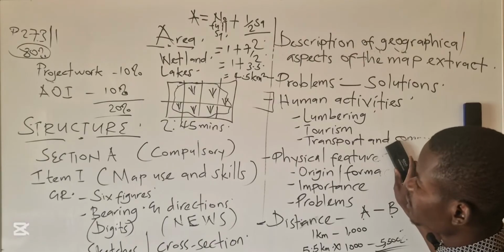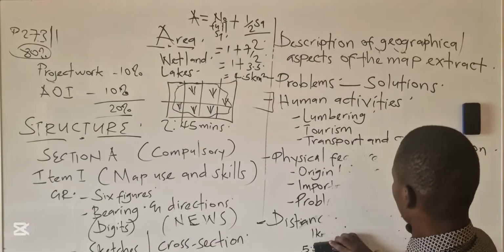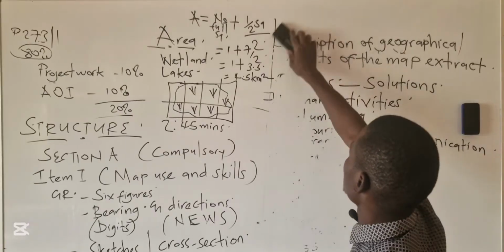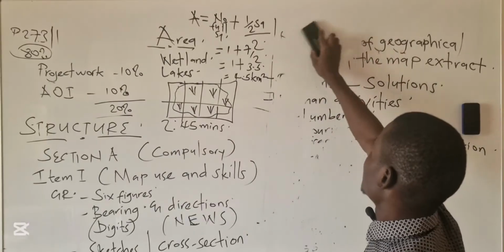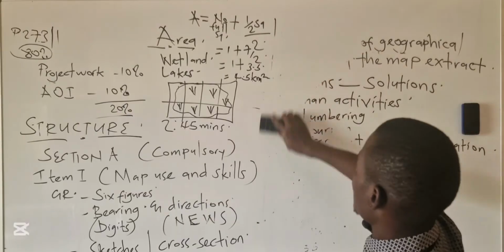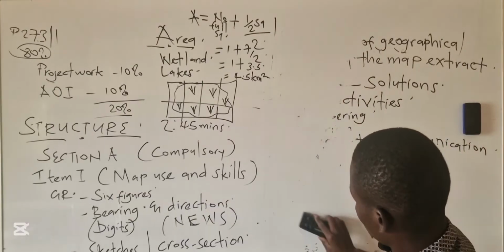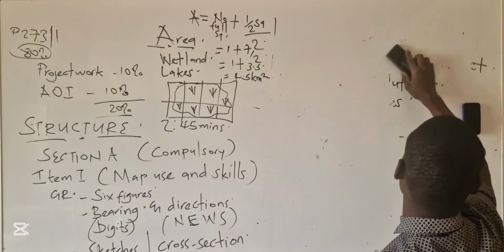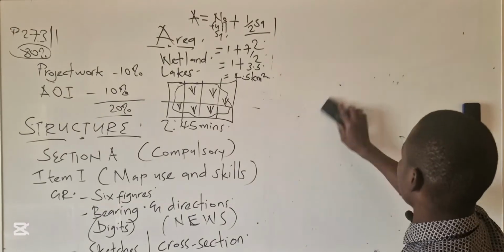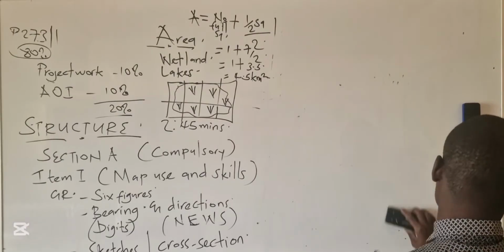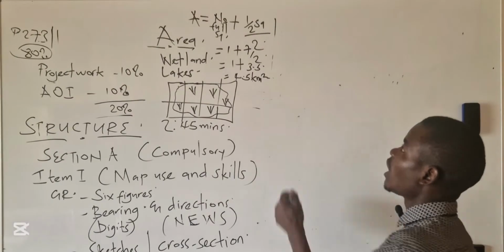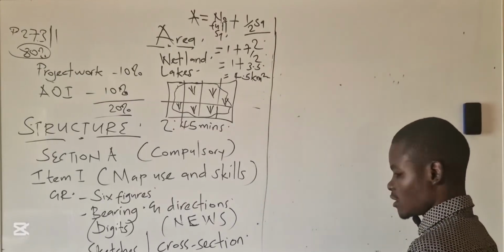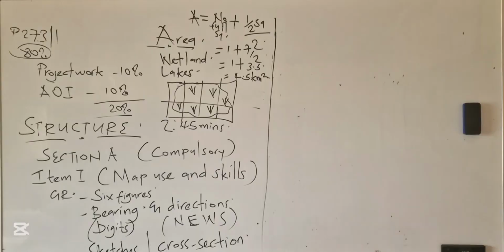So without wasting time, let me take you through some of the topics where items of map work can be got from. Let's look at some of those topics.